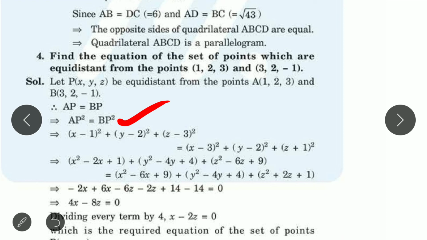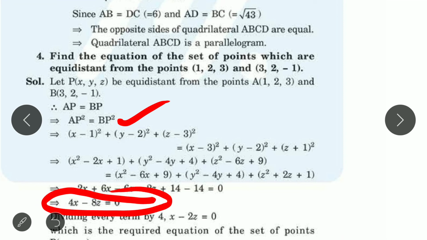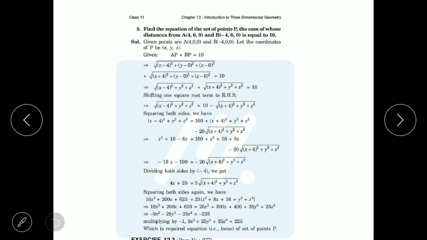And then we use the distance formula. We simplify. After using the distance formula, we simplify and we get the equation 4x minus 8z equals 0. Okay, you can again take out 4 common. After taking out 4 common, you will be left with x minus 2z equal to 0. So this is the required equation.